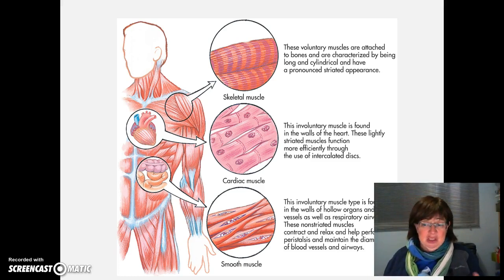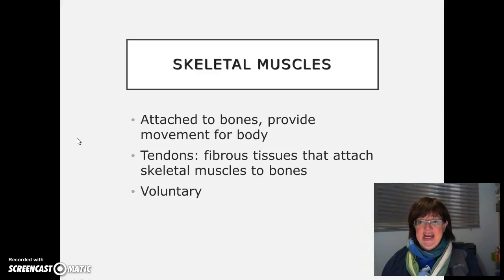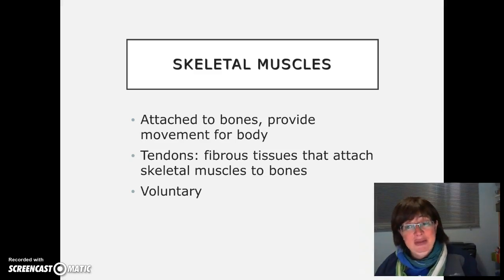Then there's also smooth muscle, and smooth muscle is found in hollow organs, mainly such as the gut and blood vessels.